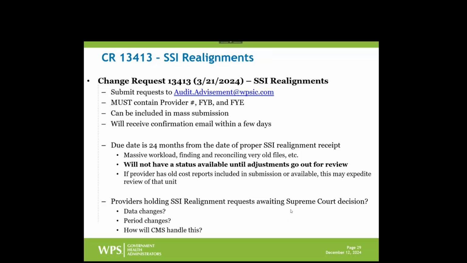But from now till March, basically, whether we get any SSI realignment requests settled, that's kind of up in the air. We may, if we have the ability to get some of those through, but it's all about bandwidth and how much we can get done in a particular period of time. So just wanted to mention that. After that period, we're going to be moving completely over to the SSI realignments. So more of them will come in around that time.